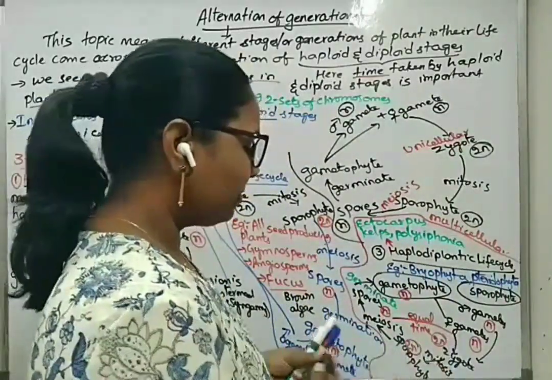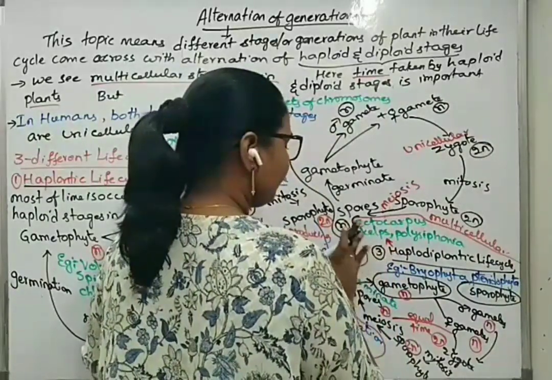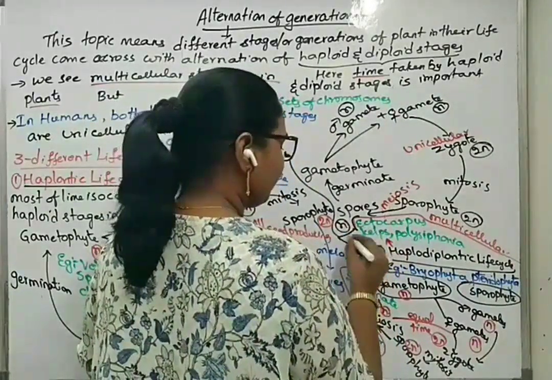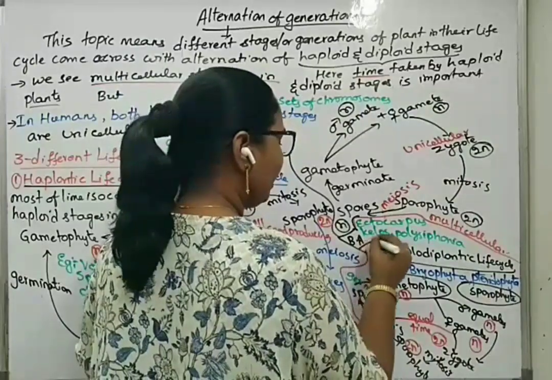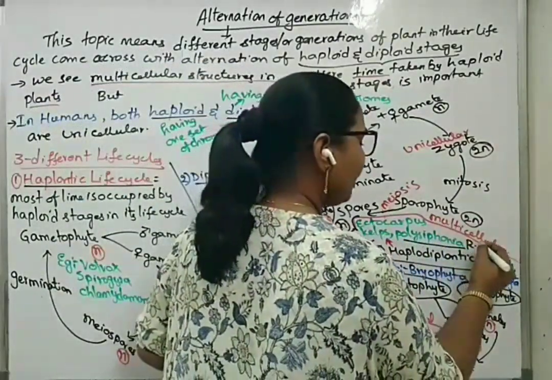Ectocarpus and kelp are brown algae. Polysiphonia is red algae.